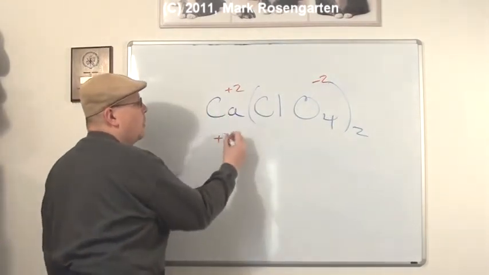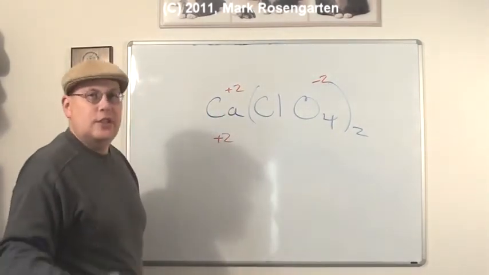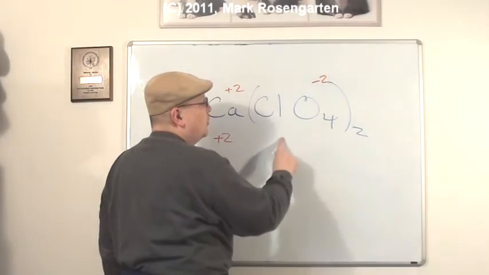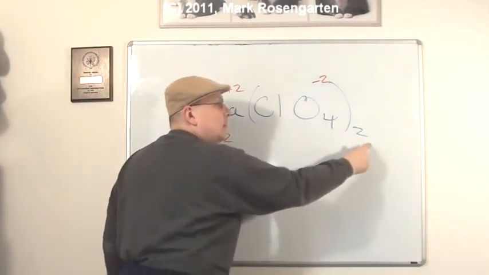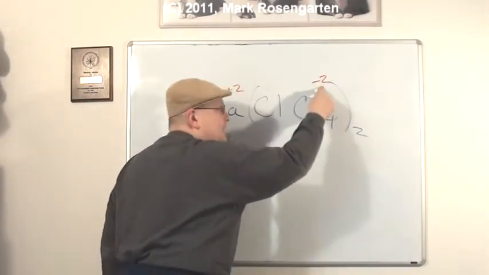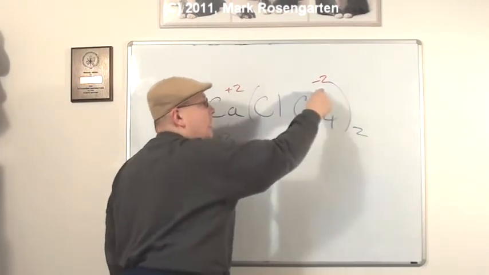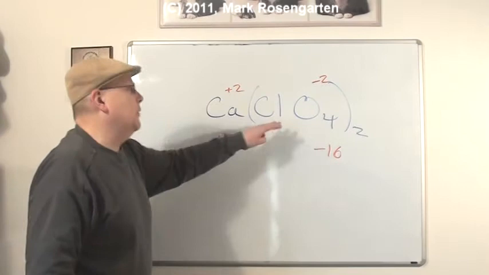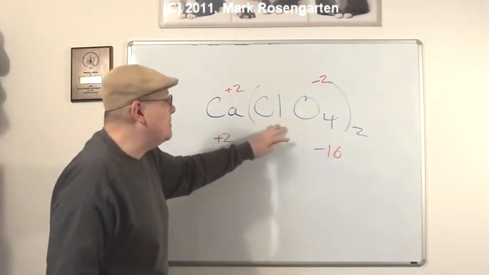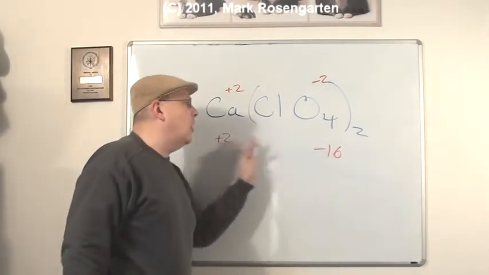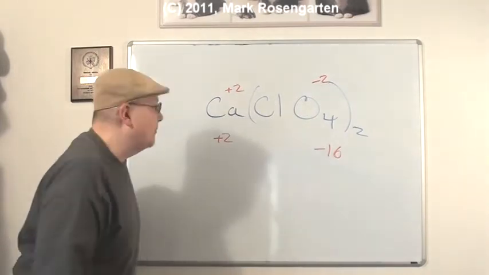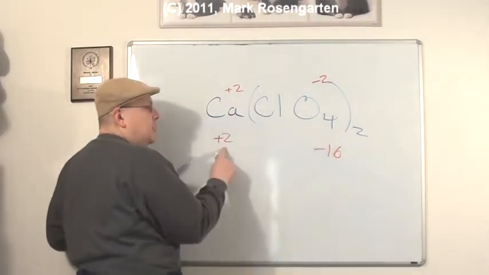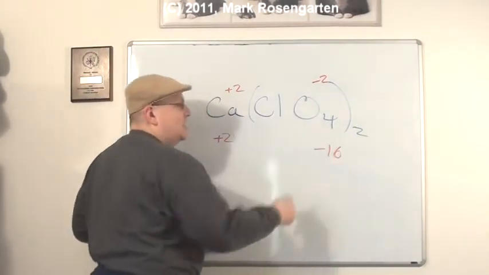So, let's get chlorine's charge. Calcium contributes a total of +2 to the total charge of this substance. Oxygen contributes 8, 4 times 2 is 8, times -2. 8 times -2 is -16. So whatever chlorine is, it has to be such that these numbers all add up to 0. So let's see, we got +2 on this, we got -16 on that.